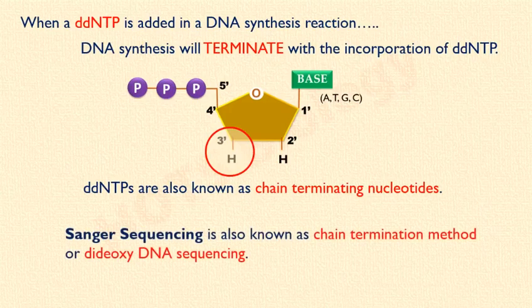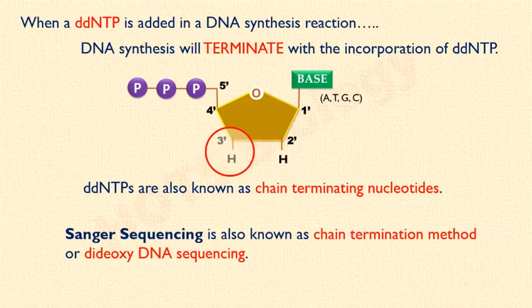And Sanger technique is also known as chain termination method or dideoxy DNA sequencing. So, if the concept of dideoxynucleotide is clear to you, it will be easy to understand the procedure and interpret the results of Sanger sequencing technique.